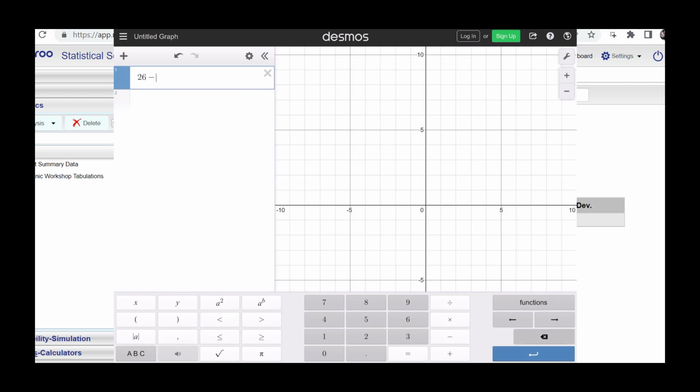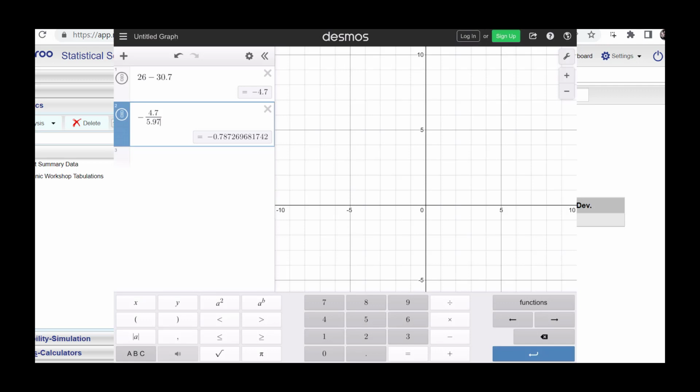So that's not going to work. You've got two choices. One choice is to do this in two calculations. 26 minus 30.7, you get negative 4.7, and then do another calculation, negative 4.7 divided by 5.97, and you get negative 0.787 if rounded to 3 decimal places.